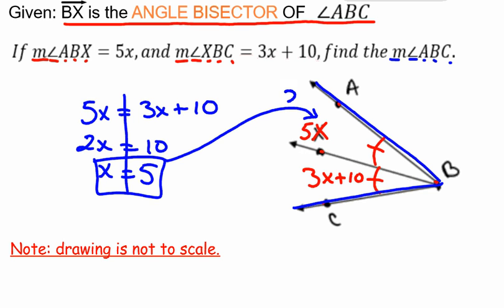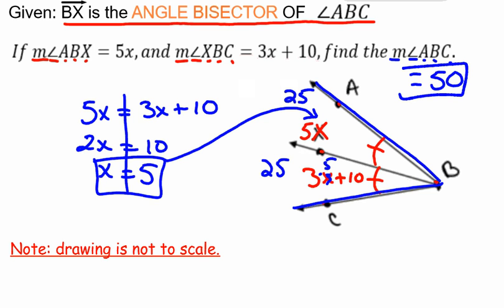That means this angle is 25. And 3x plus 10, 3 times 5 is 15, plus 10 is also 25. So if each of these is 25, then the big angle has to equal 50.